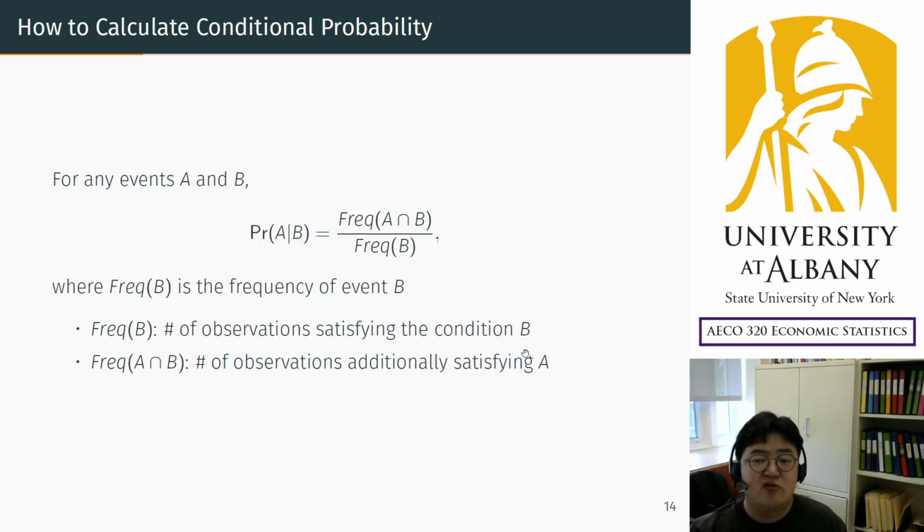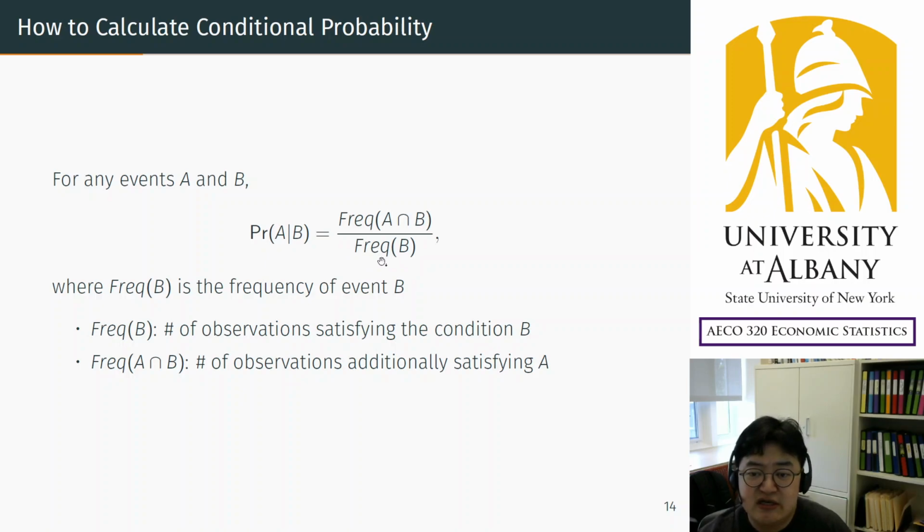So then, how do we calculate this? Mathematically, so far, the definition was pretty straightforward, and the formula is just how to write that down using mathematical notation. To summarize, the conditional probability of A given B is, first in the denominator, the denominator only includes those that satisfy the condition.